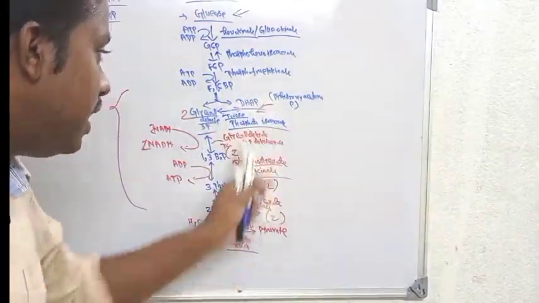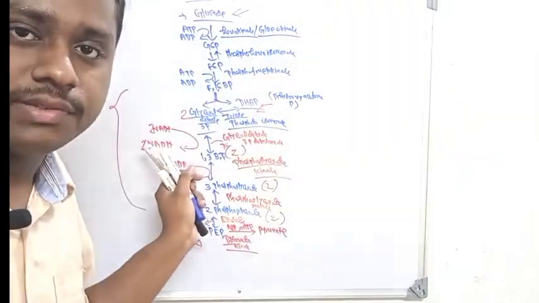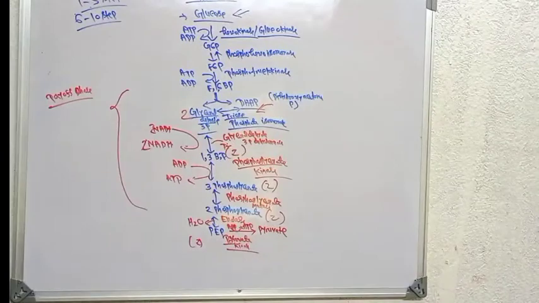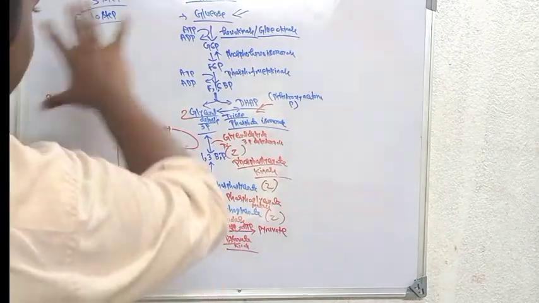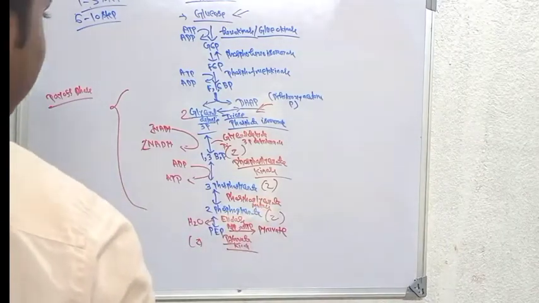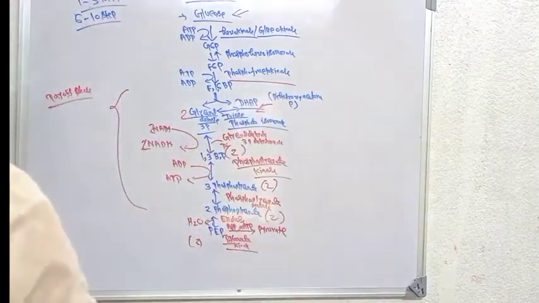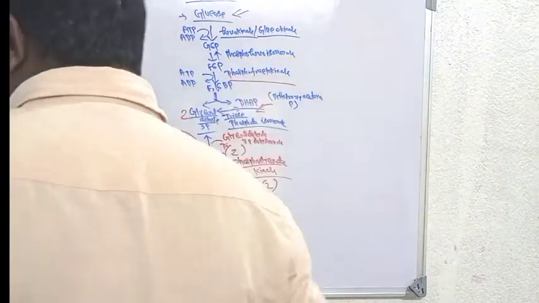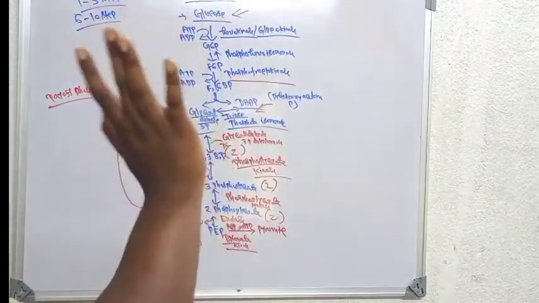DHAP re-enters into the glycolytic pathway because this step is an interconvertible step. So NAD plus acts as an electron acceptor. Here, in the entire glycolytic pathway, the rate limiting enzymes are hexokinase and glucokinase. I discussed the difference between hexokinase and glucokinase in a different lecture.